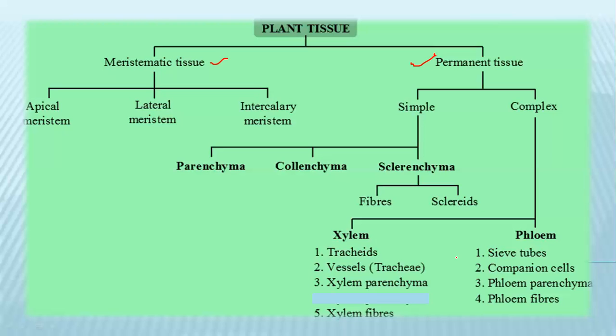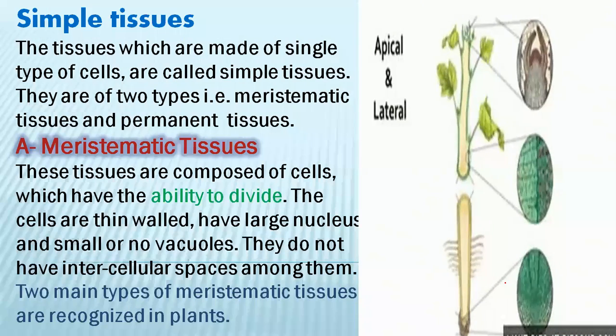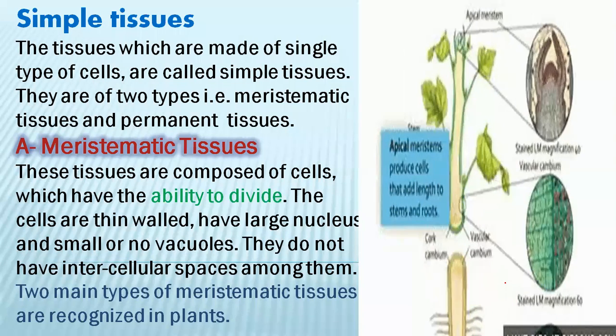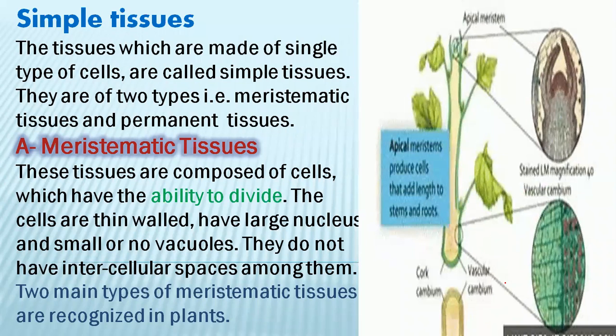That's why they are called complex tissues. Xylem has tracheids, vessels, xylem parenchyma, and xylem fibers, and phloem has sieve tubes, companion cells, phloem parenchyma, and phloem fibers. Let's talk in detail about all of these tissues.